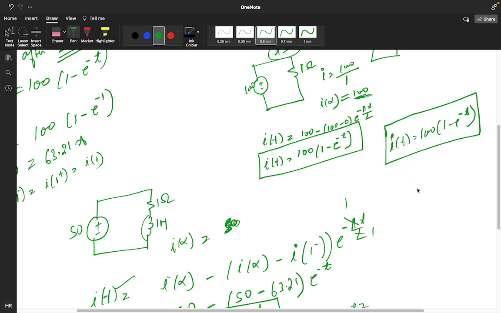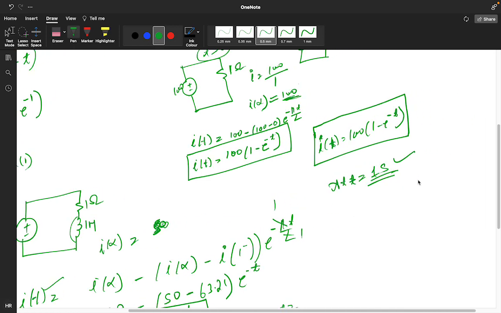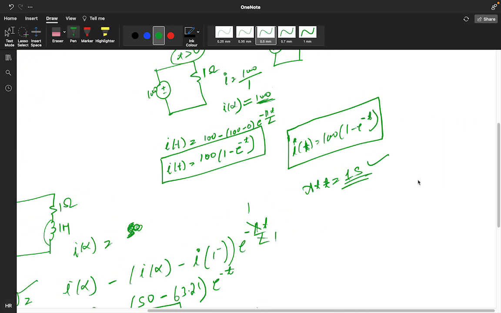Now what they are saying is that at t equals 1 second, my circuit becomes a little different. So after 1 second, what will happen? That's why I have to put the value of I of 1.